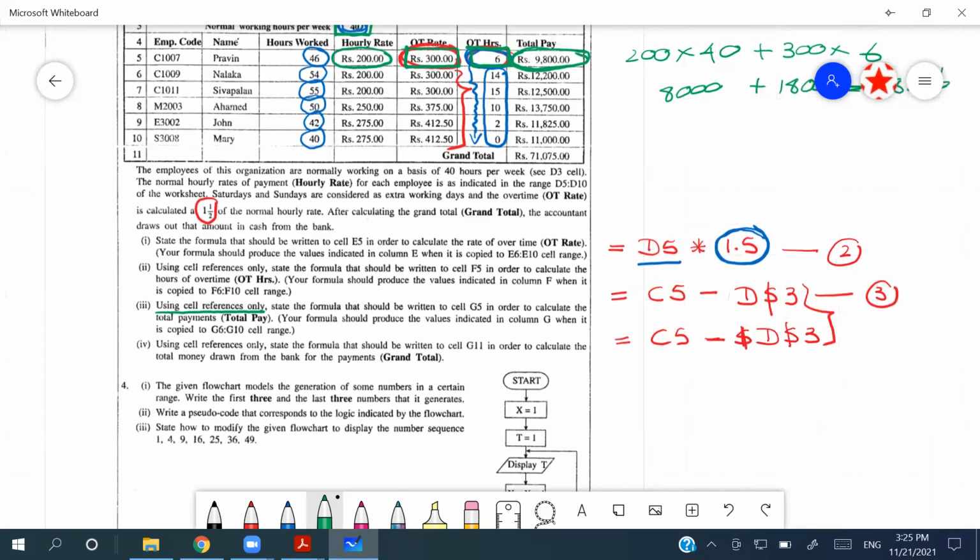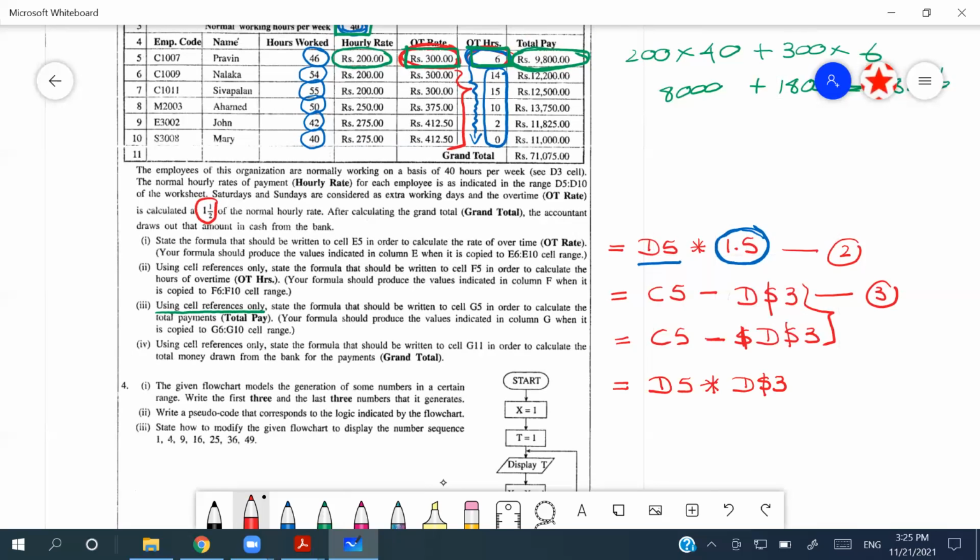We can say equals, generally it's going to be D5 multiplied by D$3. Why am I taking D$3?